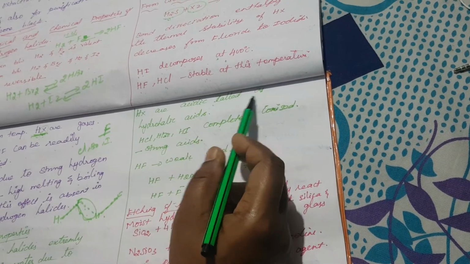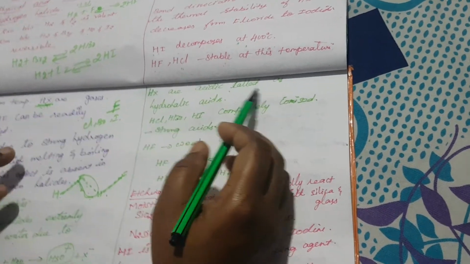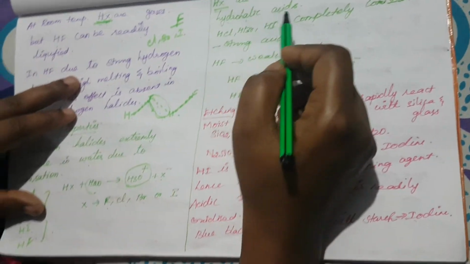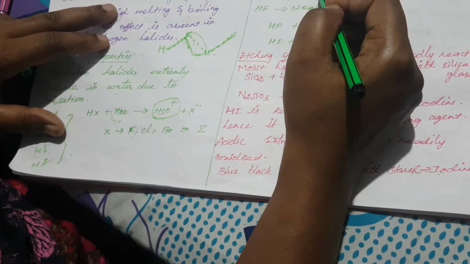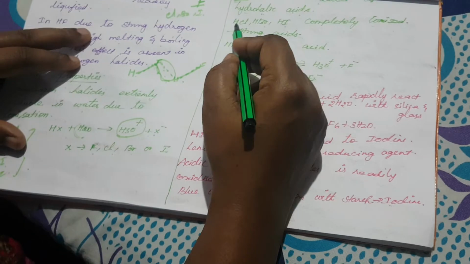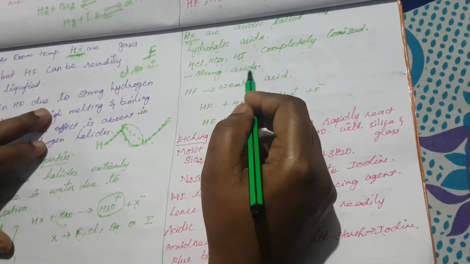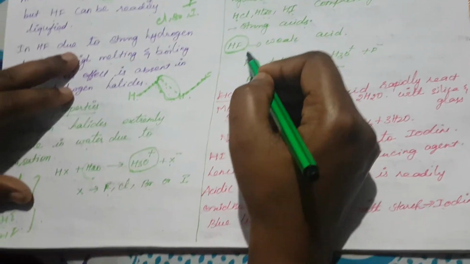These are acidic, so HX is otherwise called hydrohalic acid. HCl, HBr and HI are completely ionized, so they are strong acids. But HF is a weak acid.